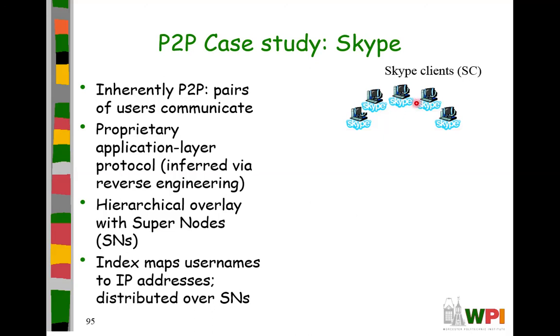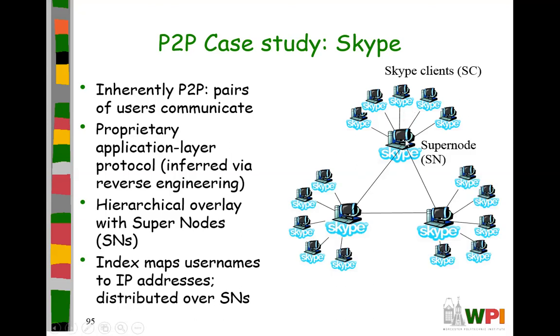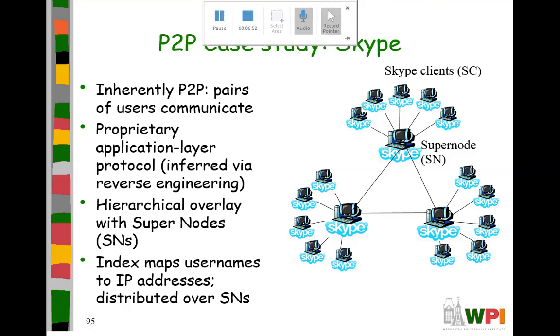Some peers are connected to a super node, and the super nodes are connected with each other. The super nodes index and map usernames to IP addresses, distributed over the super nodes. Indexing means knowing which peer is available where, so usernames are mapped to IP addresses.